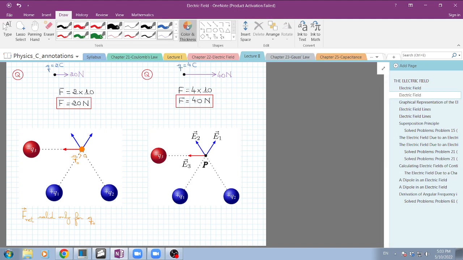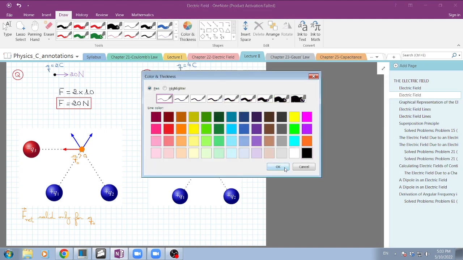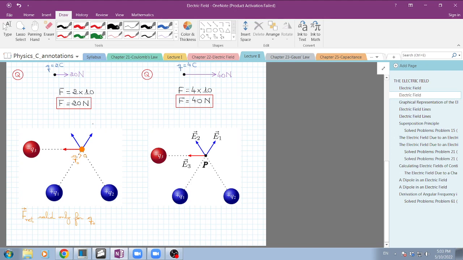Remember, the process here was to calculate individually each one of the forces. So you calculate the force that particle 1 generates on particle 0, and then the force of particle 2, and then the force generated on particle 0 because of particle 3, and so on.